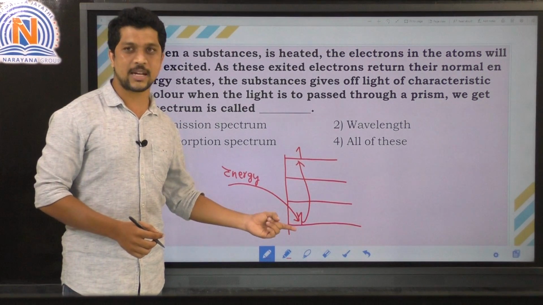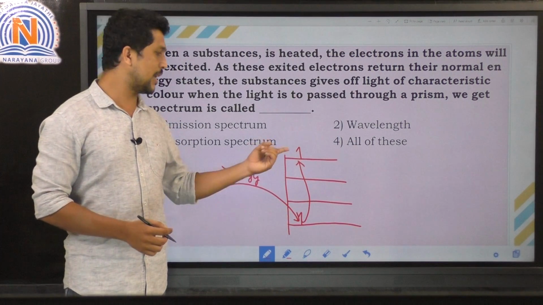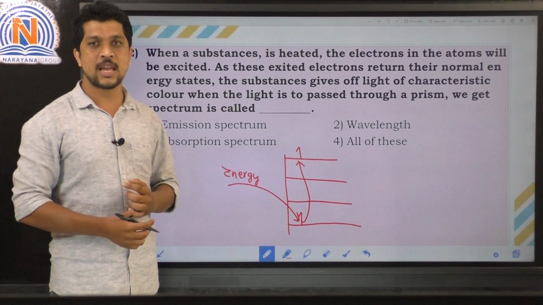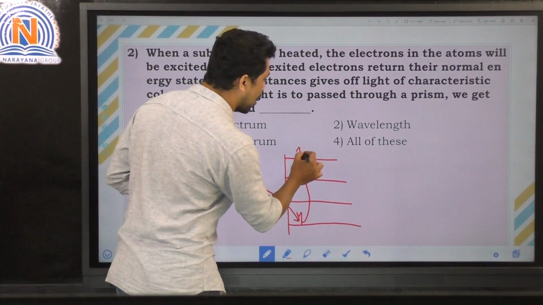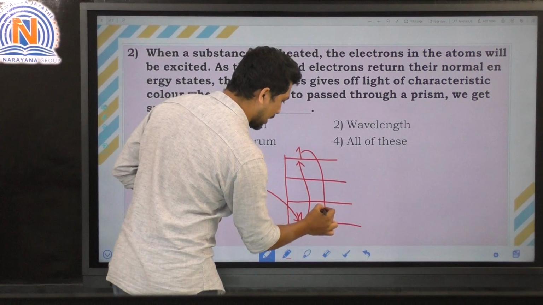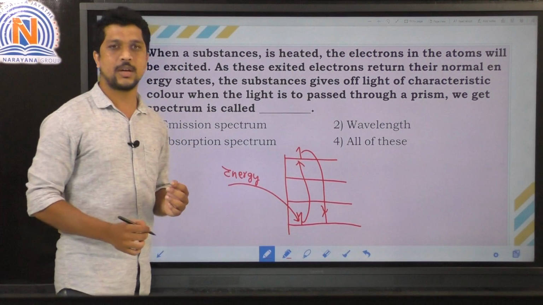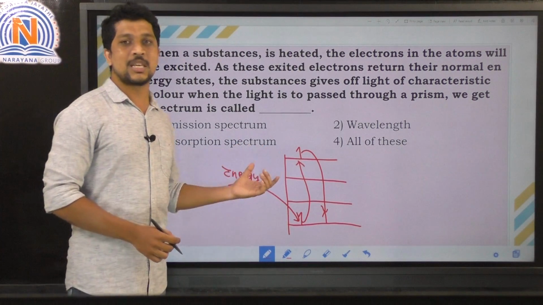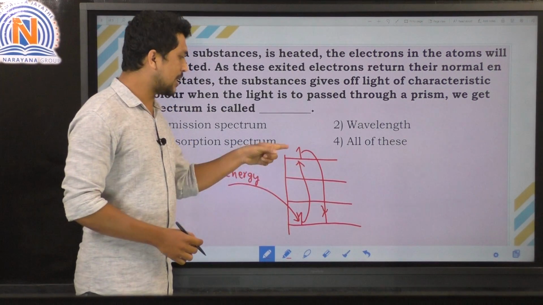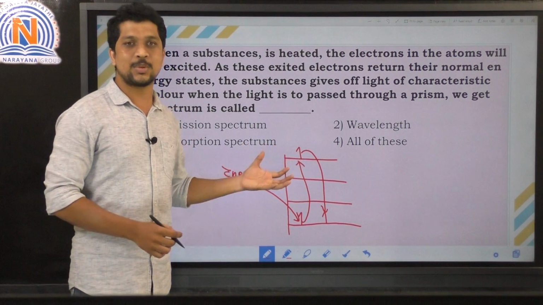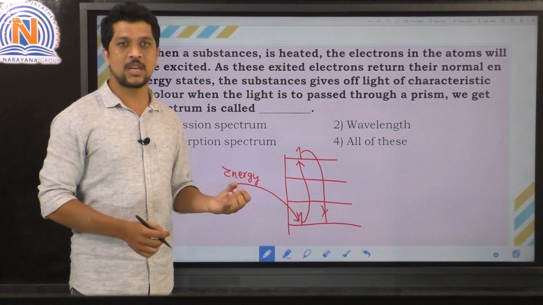The electrons in atoms will be excited to the excited level. As these excited electrons again return to their normal ground state, the substance gives off light. So whenever this electron returns to the normal state, that substance gives off some light.